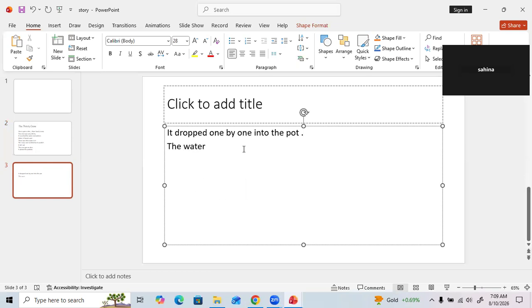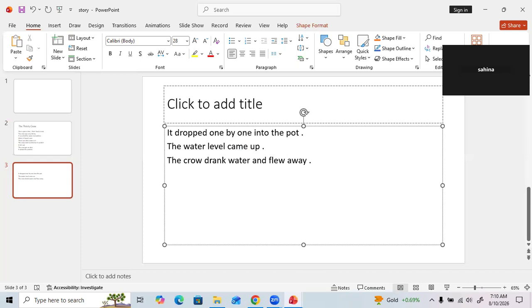The water level came up. The crow drank the water and flew away. So this is how the story goes on.